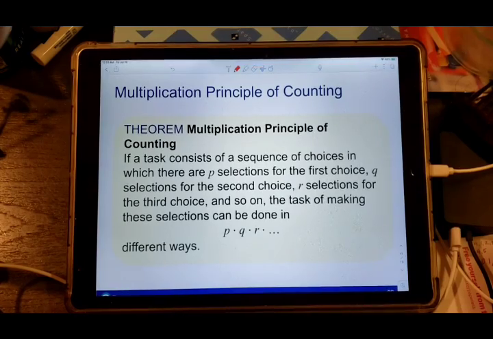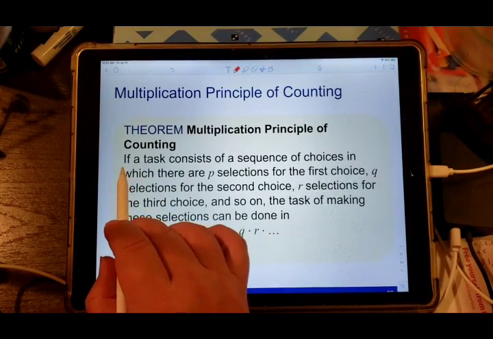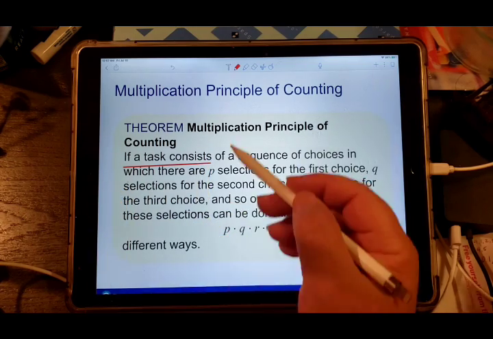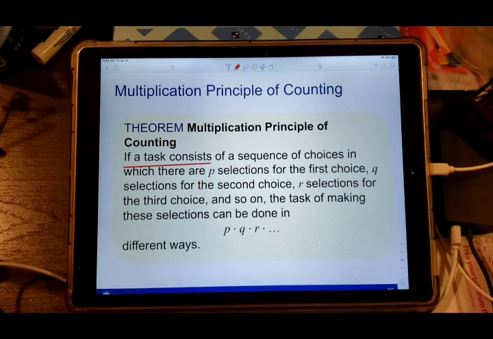So this is called the multiplication principle, and they use the word task. Like you're going to do something, then you're going to do something else, then you're going to do something else.